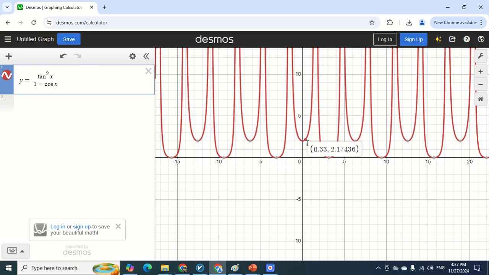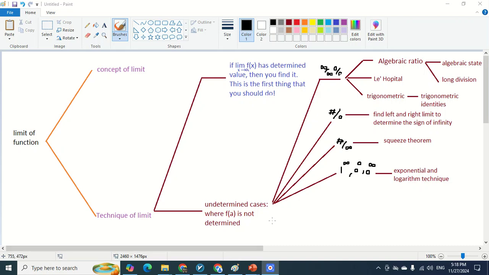It's tending to 2, so the limit will be 2 at the point 0. So this is the case of this function, and you can see that type of function here.